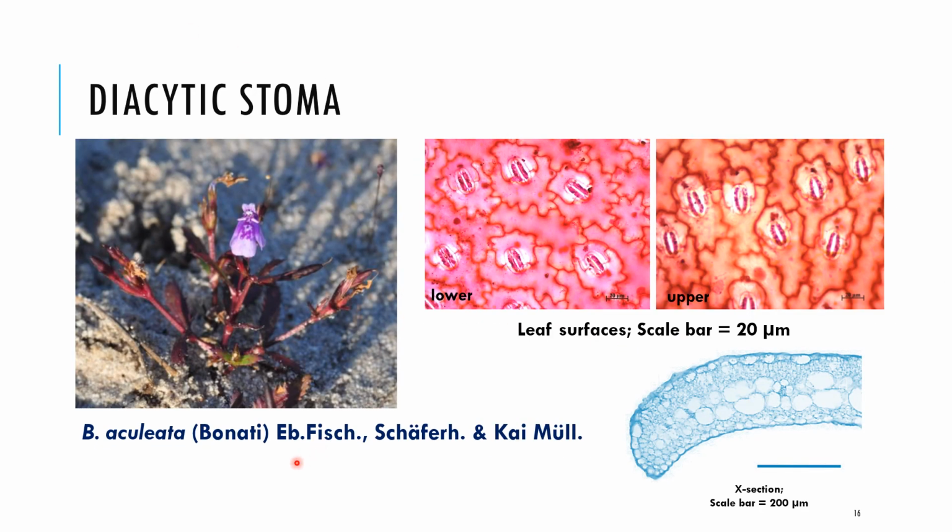The next species is Bonnaya oppositifolia. This species is usually found in open areas on the sandstone mountains in northeast Thailand. The leaf surface has diacytic stomata, and you can see the transverse section. The epidermal cell is a single layer, the same as the first species.